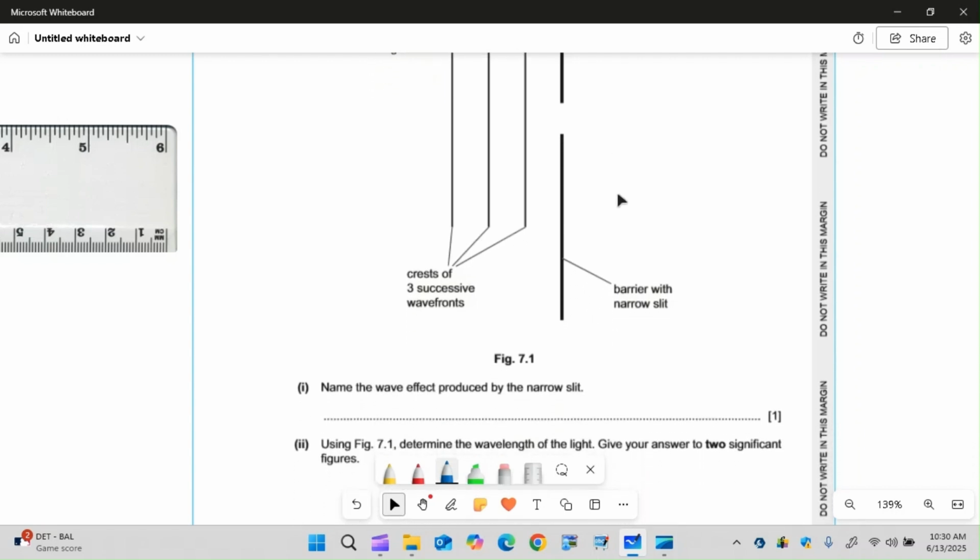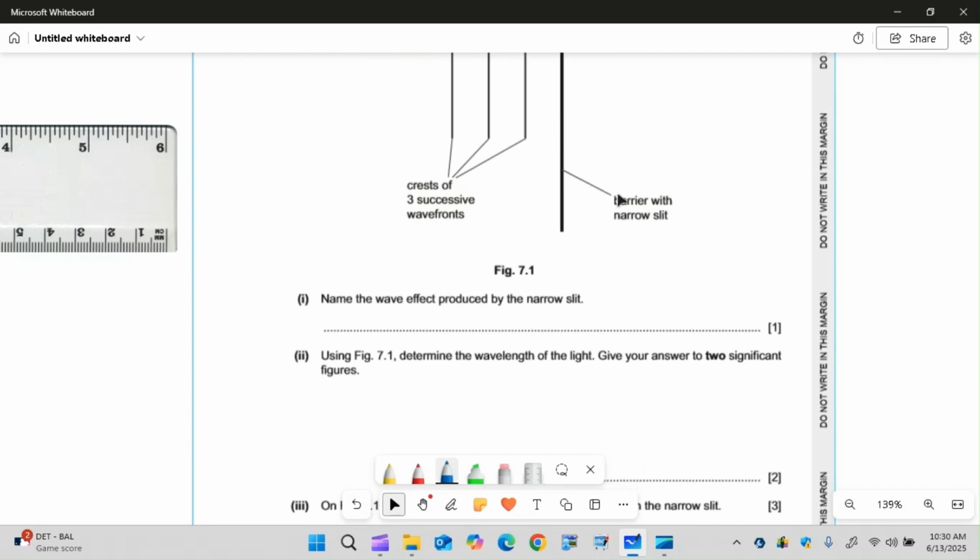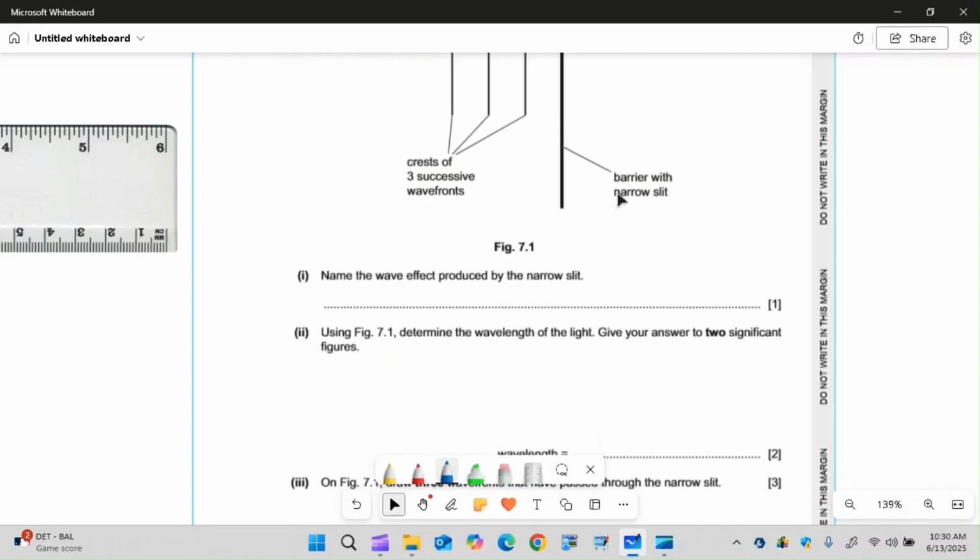When light passes through the slit, we know that it will bend around the corner, and this process is called diffraction. So here in the first part, name the wave effect produced by the narrow slit. You can say this is named as diffraction of light.